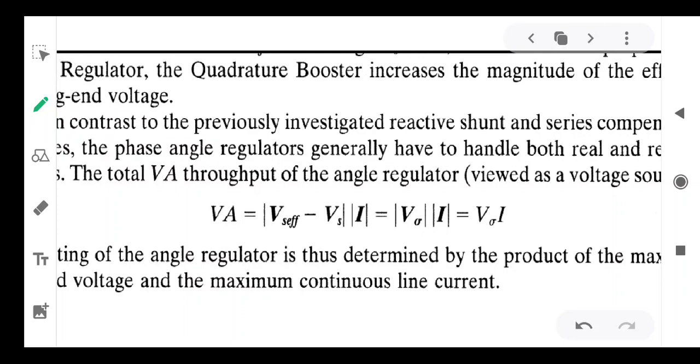The rating of the quadrature booster is V sigma into I. The I is the current flowing through the transmission line. V sigma is the injected voltage by the quadrature booster. So Vs effective minus Vs is the V sigma, into I current, that is the rating of the quadrature booster.